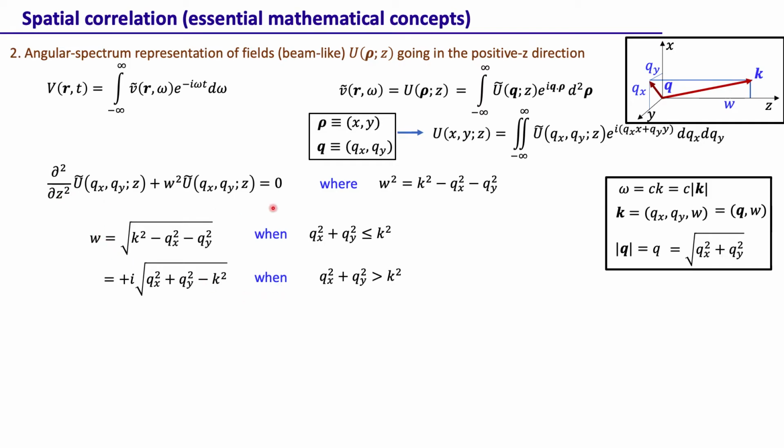Now what is the generic solution to this differential equation? The generic solution we know is of this form: it is just some quantity A(qx, qy) e to the i w z plus some quantity times e to the minus i w z.